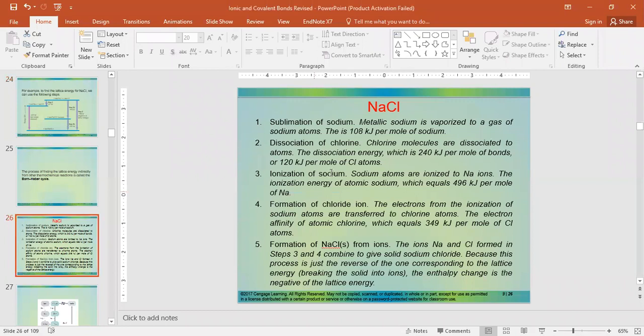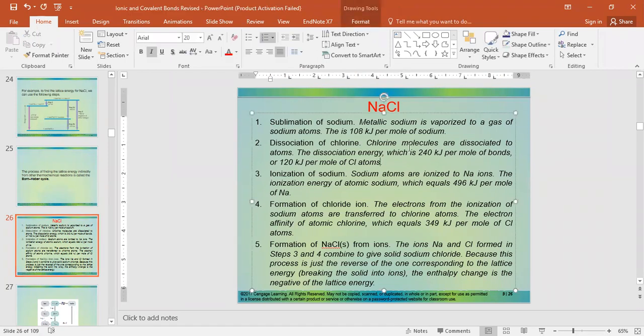The dissociation energy for chlorine is 240 kilojoules per mole of bonds, or 120 per mole of atoms. So check the value that you are using. Okay. Can I get that?